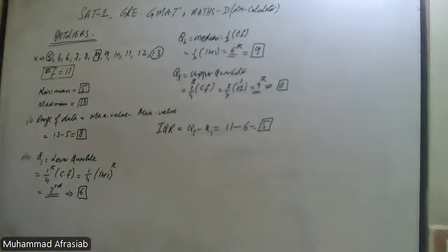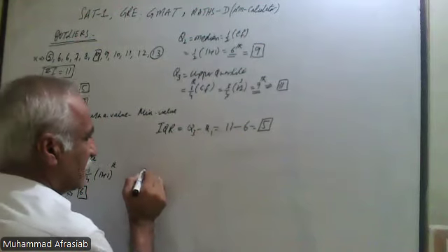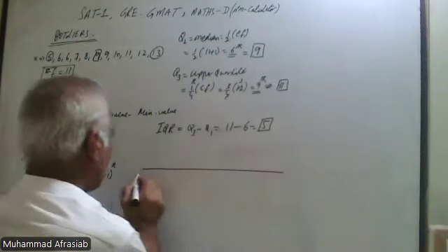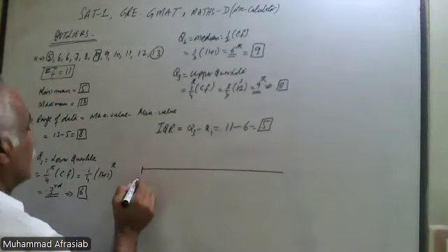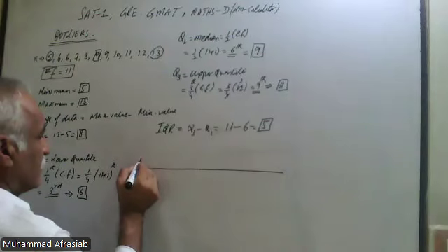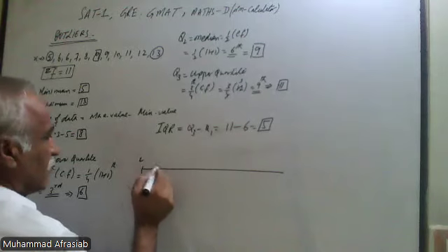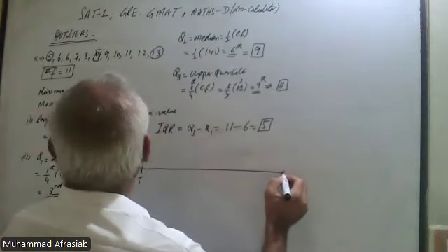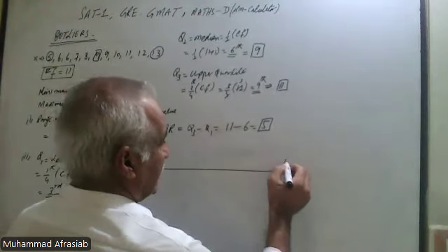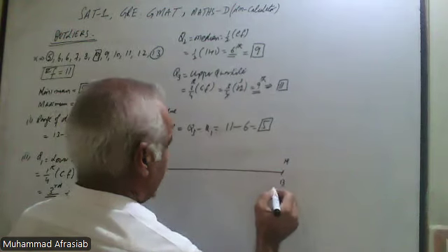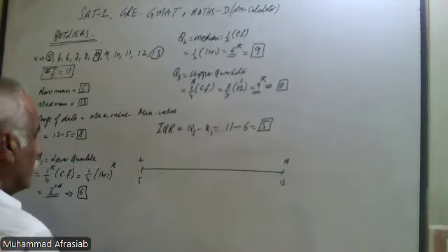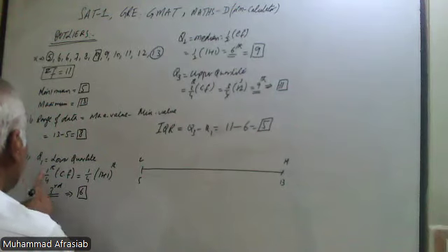Now, this is the data. The lowest point or minimum point is 5, and the highest point is 30. Our lower quartile is at 6.